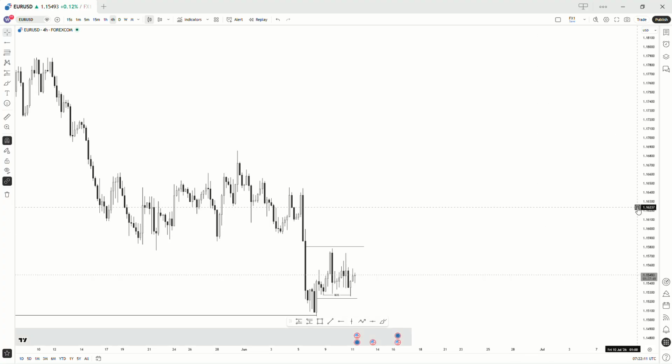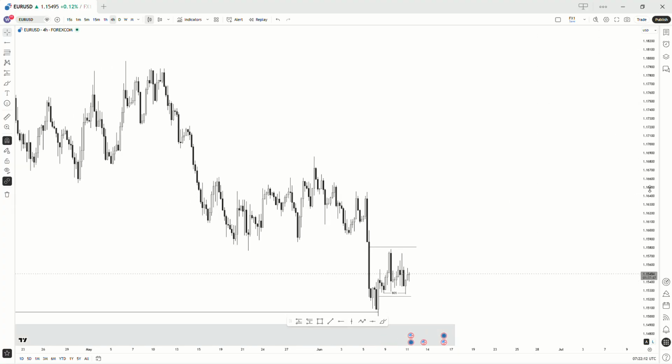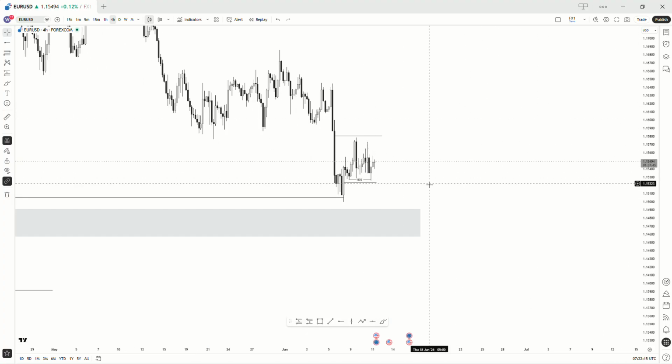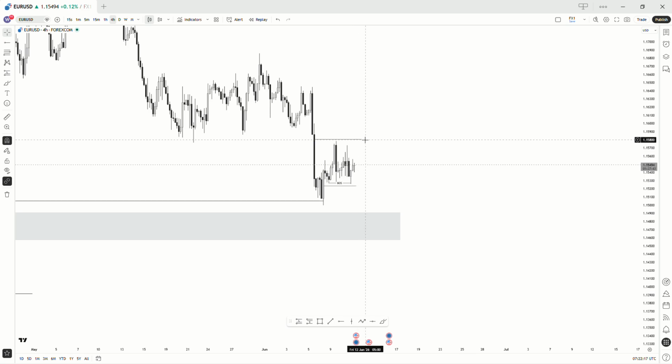We have seen price trap some buyers, and like I said on the market outlook series 4, I would like these highs to go when we stab out these lows.